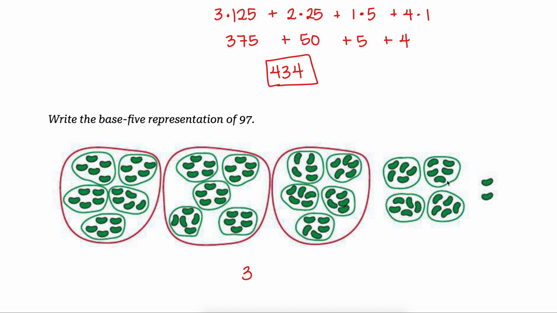Then I have 4 groups of 5s. And I have 2 ones or 2 units. So I have 3 4 2 base 5. So in our base 10 representation, 97 would be 342 base 5. It's the same amount of beans, just 2 different representation systems.